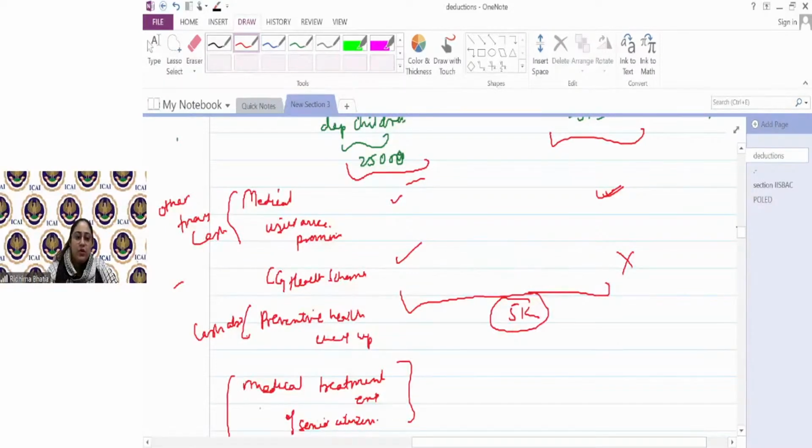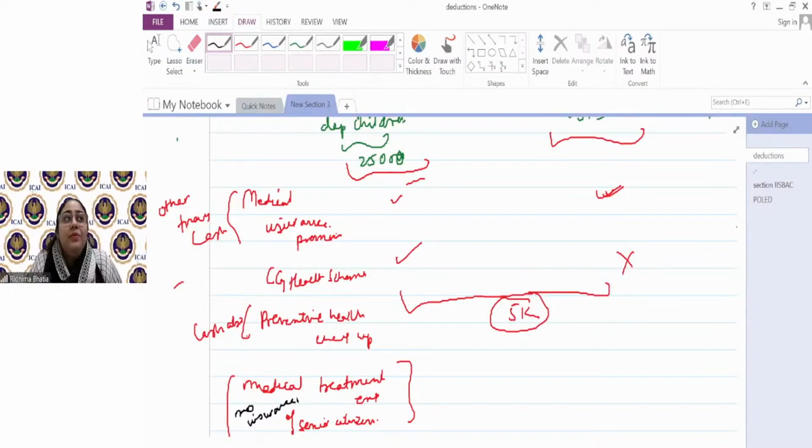Now what is this twist? Simple. Under section 80D, in general you do not get deduction for medical treatment, as in whatever expenditure happened on the treatment in the hospital is not allowed. What is allowed is the premium amount.